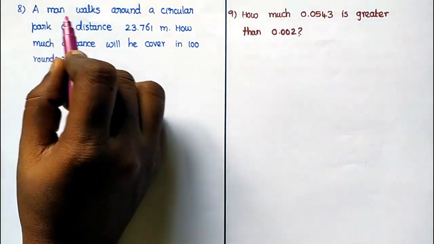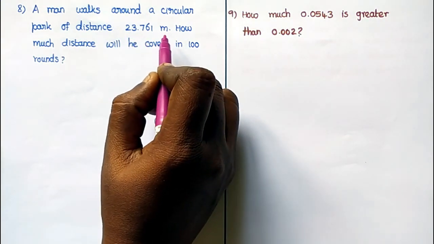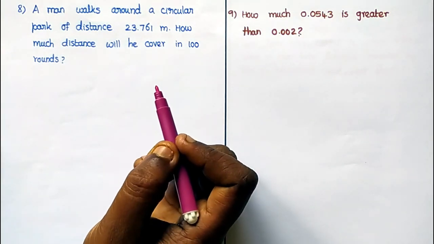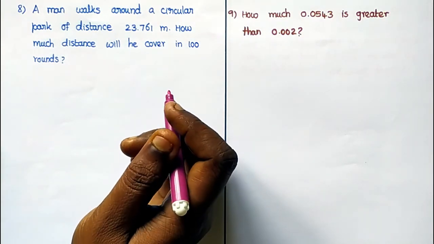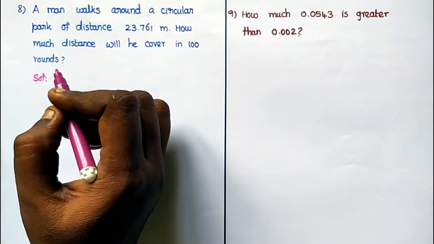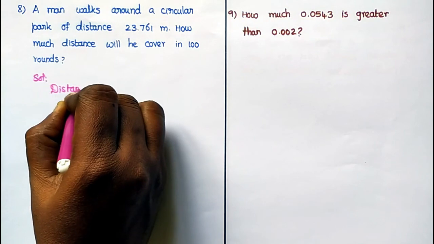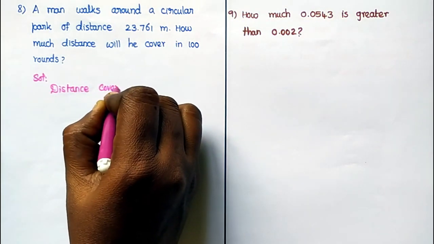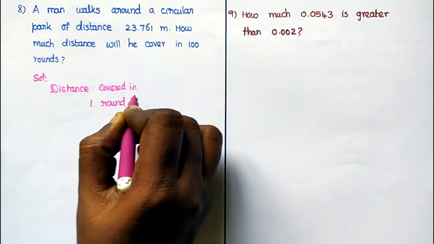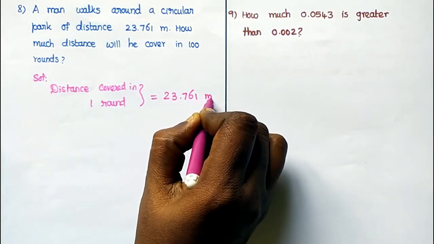Eighth sum, a man walks around a circular park of distance 23.761 meter. How much distance will he cover in 100 rounds? Solution: distance covered in one round is equal to 23.761 meter.